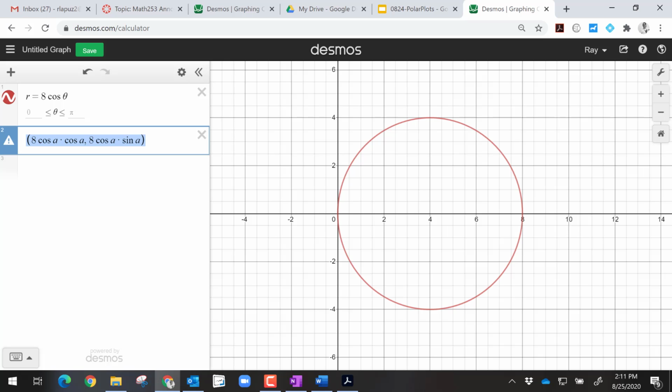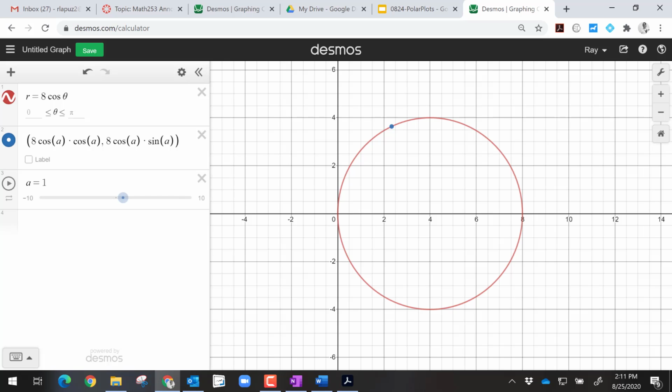Doesn't look like it's taking it. Maybe put parentheses around here. There it goes. Didn't like something. So if I go around here, it looks like it's going pretty fast.